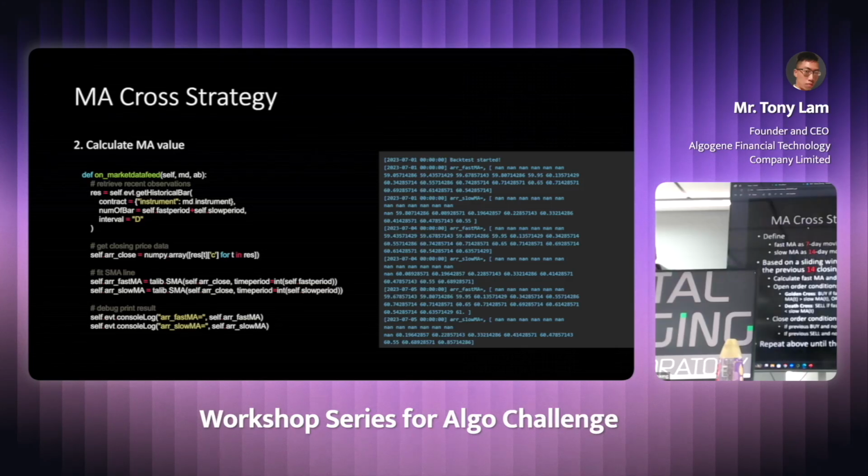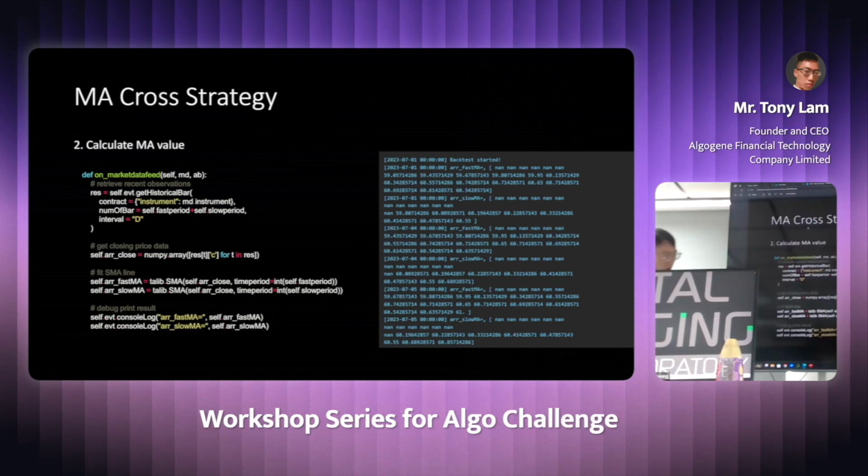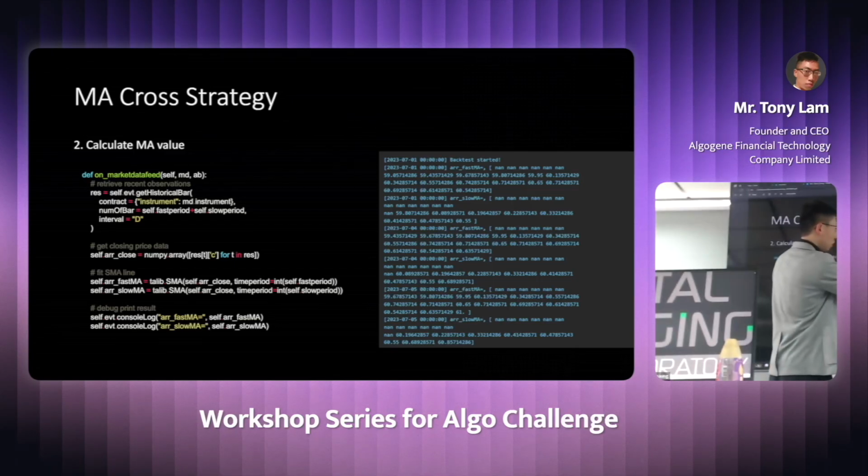Here, these two lines just fill out the result. And then from the console log, you can see that every day, it has 3 observations.